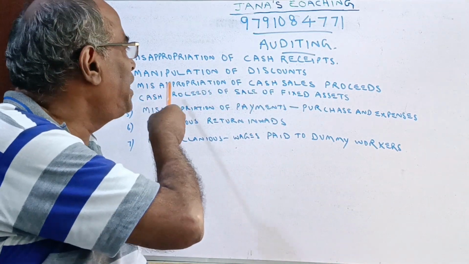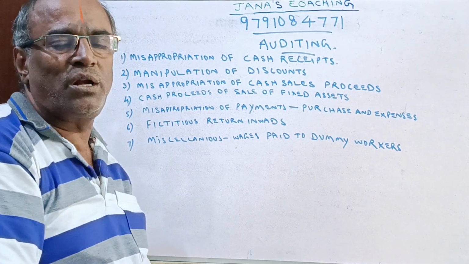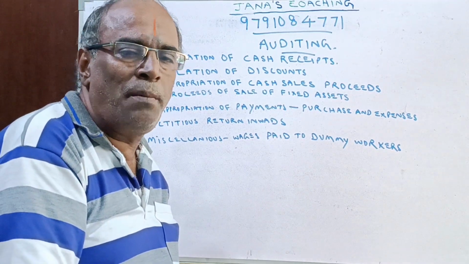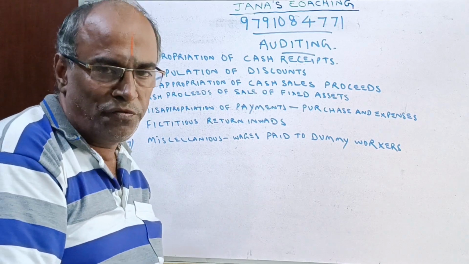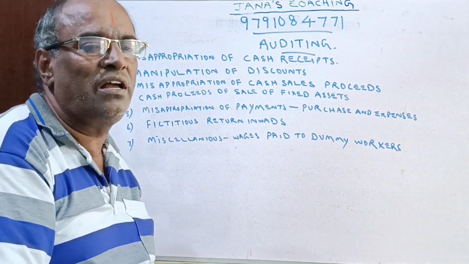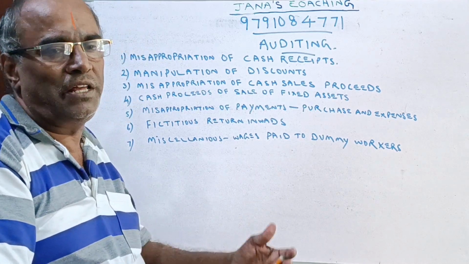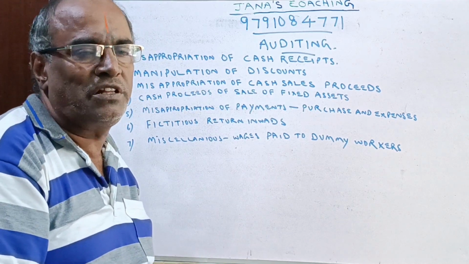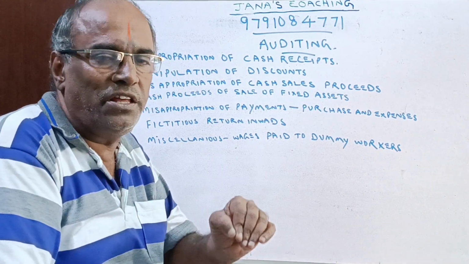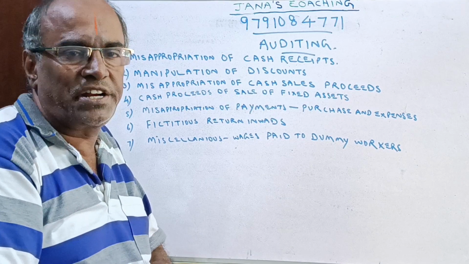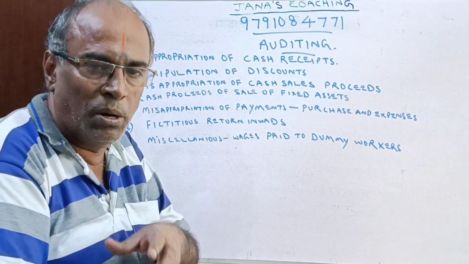Second one, manipulation of discounts. What is manipulation of discounts? Say, for example, the company is giving a 10% discount to the person. So at the time of receiving the money, after the deduction, the cashier is receiving the amount.